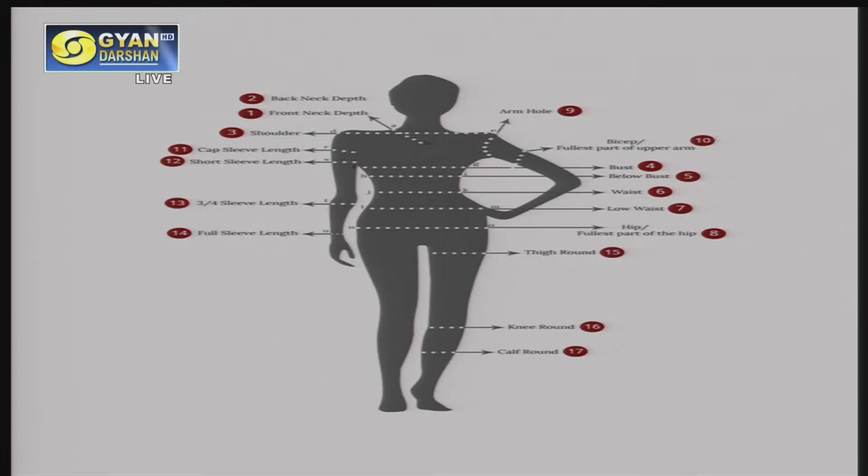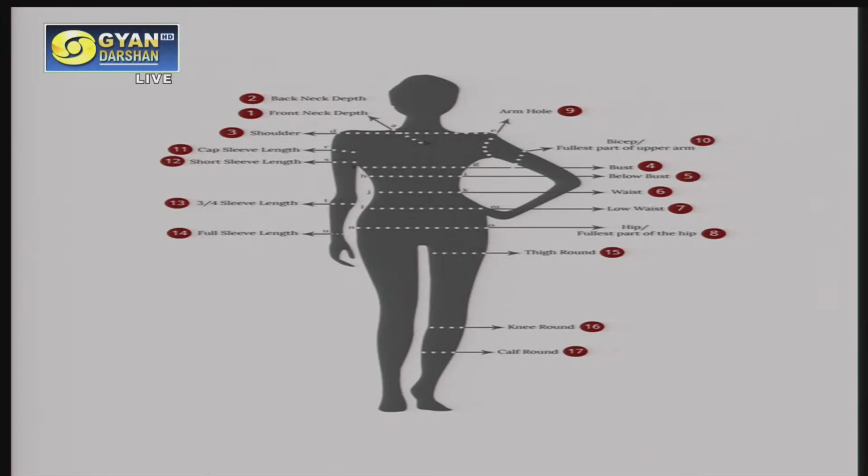So all these points, the guidelines, the process and the types of measurement, you have to keep in mind when you are going to take the measurements. And there are different body landmarks you have to understand, which is very important when you are taking the measurement of the body.